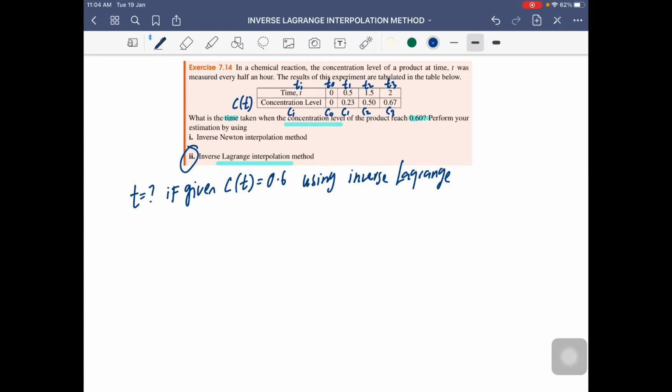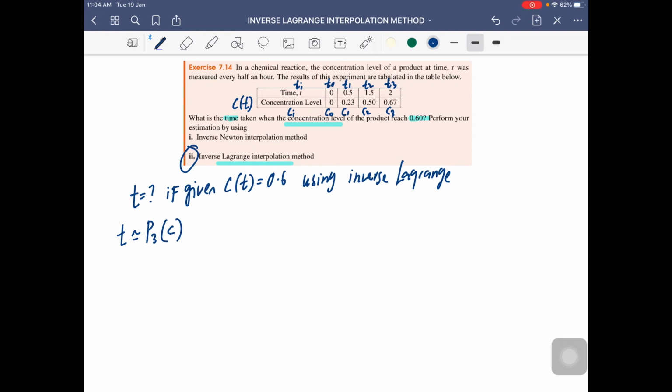Now you have 4 data points. Since the question does not mention the order of the polynomial, you must interpolate all the data points. Since we have 1, 2, 3, 4 data, n plus 1 data points means you construct an n degree polynomial, so polynomial degree 3.